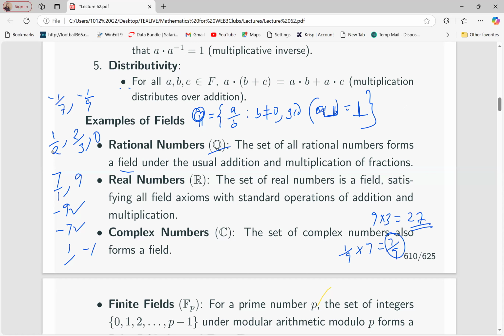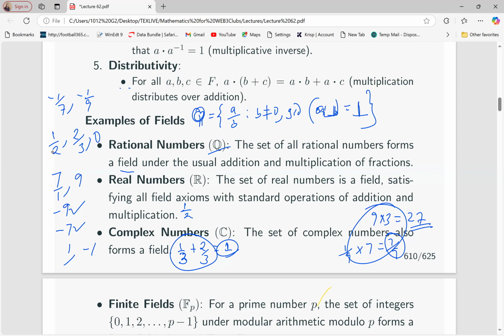Let's add a third plus 2/3. This is 1, which is a rational number. So you can see closure here.